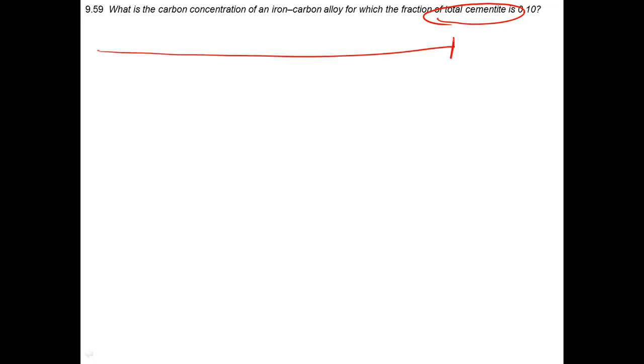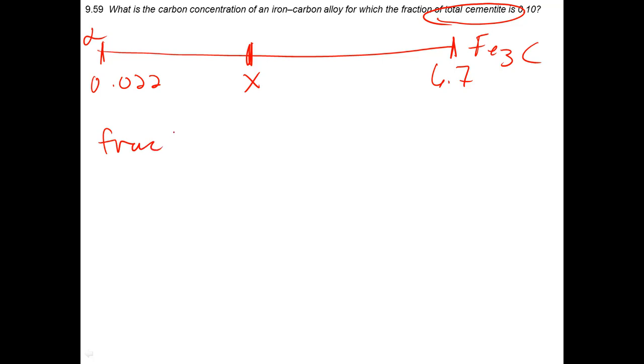And with this tie line, bounded on the right by 6.7, representing the carbon concentration of cementite, bounded on the left by the carbon concentration of ferrite, which is 0.022. And in this case, we have an unknown system composition that we need to calculate. But we're given that the mass fraction of cementite is 0.1.